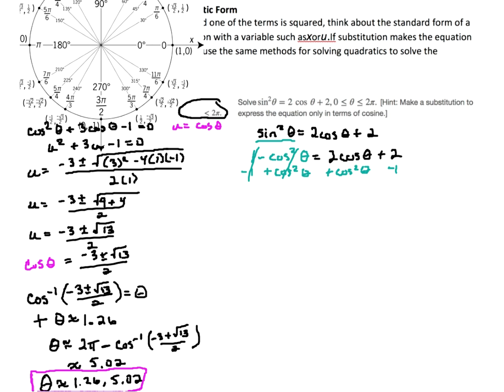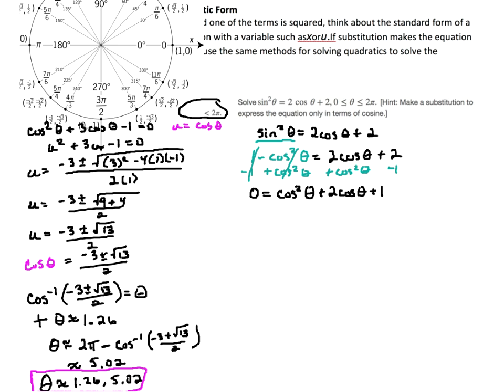The reason I took it that way is I don't like my leading term being negative, so that's why I put cosine squared theta on the other side. That's just personal preference. Cosine squared theta plus 2 cosine theta plus 1.